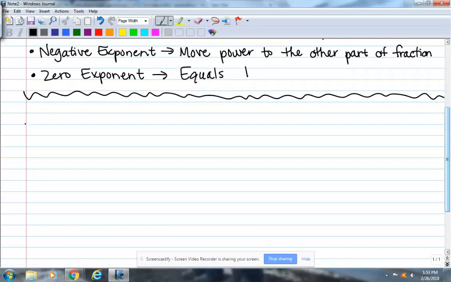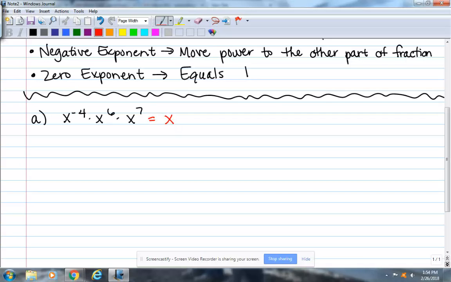So let's start with example A here. x to the negative 4th power times x to the 6th times x to the 7th. So notice how those all have the same base, right? What is the base? x. So our answer will also have an x in the base.